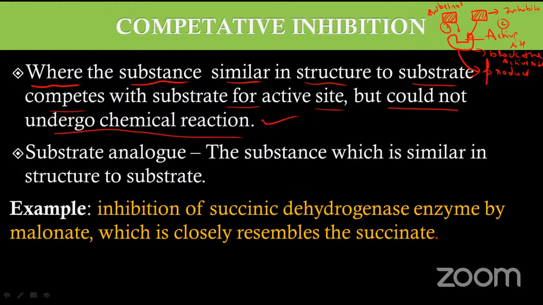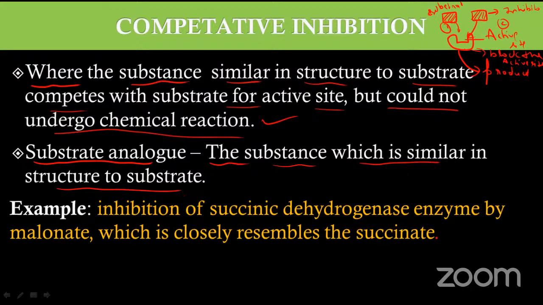Students, any substance that is similar to the substrate, we call it a substrate analog. It is similar to the substrate, right? That's why we call it a substrate analog. So what is a substrate analog? The substance which is similar in structure to the substrate. For example, do you remember the TCA cycle, students? The tricarboxylic acid cycle.